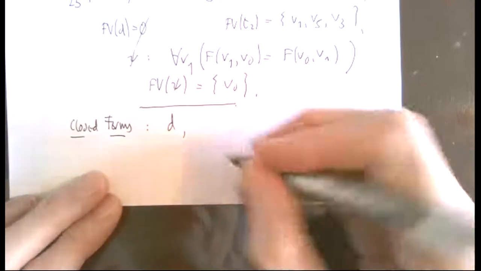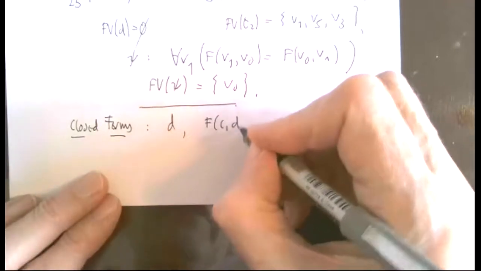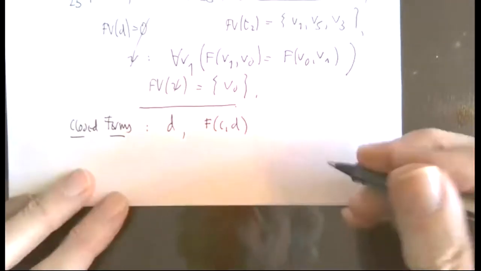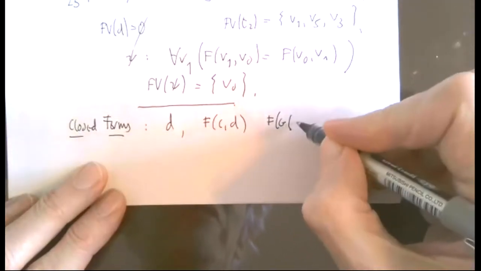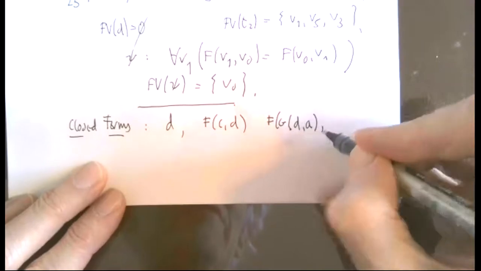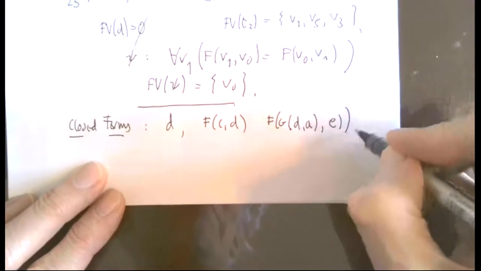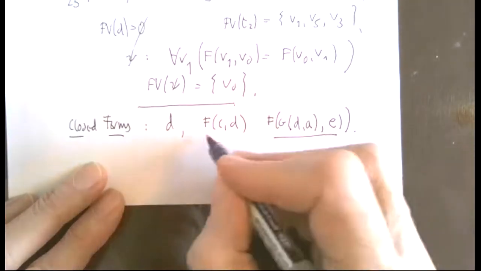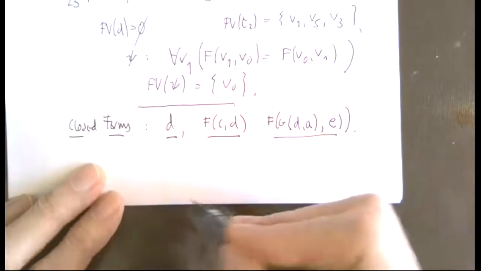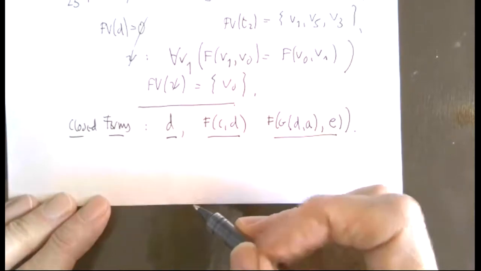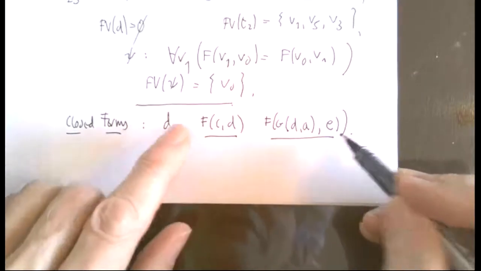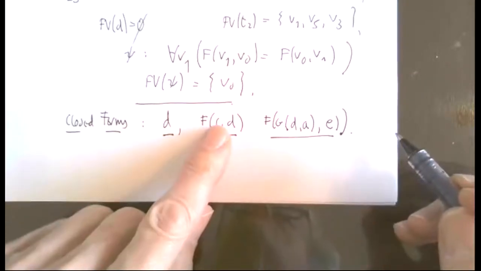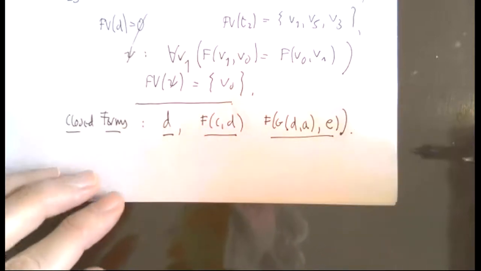It's got no free variables in it. F of CD, right? No free variables. F of G of dA, comma E, right? No free variables. So the only closed terms are constants and functions applied to constants, built up like this.